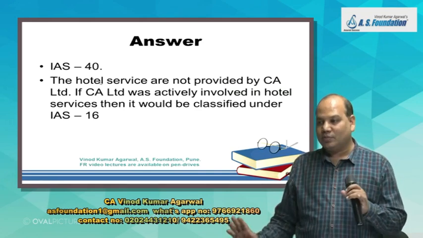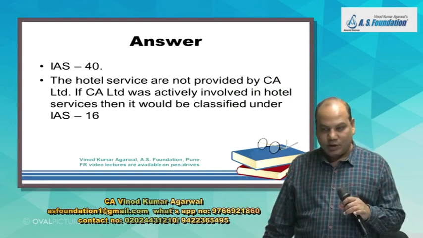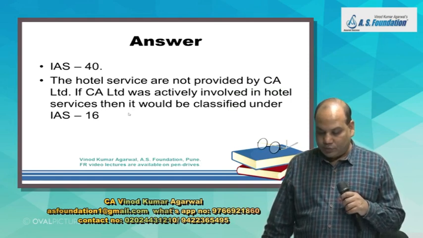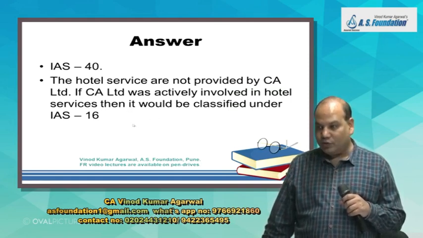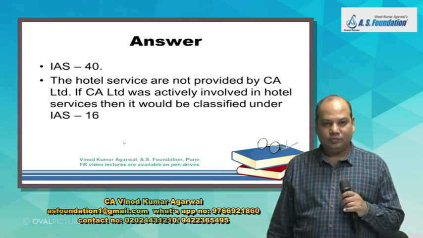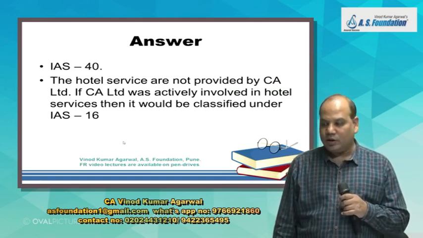Now nothing. Sit at home, enjoy the money. The hotel services are not provided by CA Limited. If CA Limited was actively involved in hotel services, then it would be classified under IAS 16.